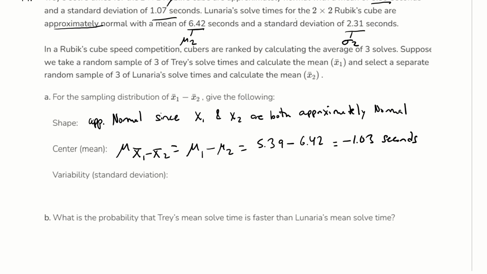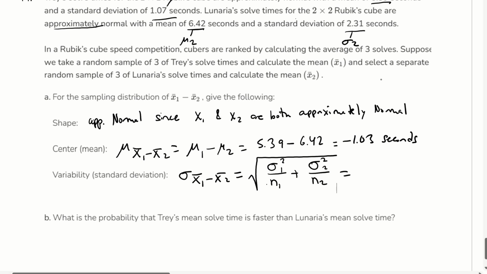And then we'll do the variability, so that's the standard deviation of x bar 1 minus x bar 2, and there's a formula for that, which is the square root of sigma squared 1 over n1 plus sigma squared 2 over n2. So that's the formula from your formula sheet.